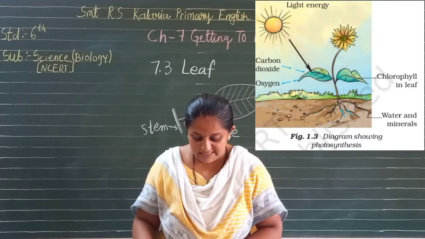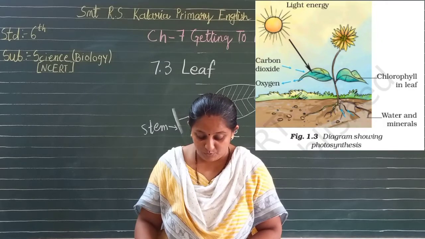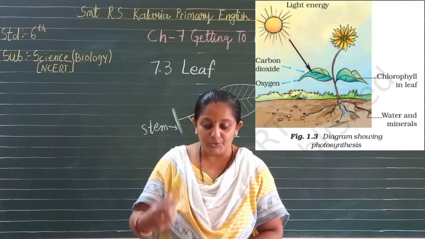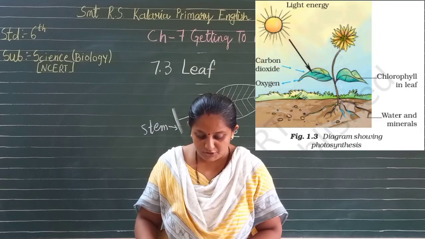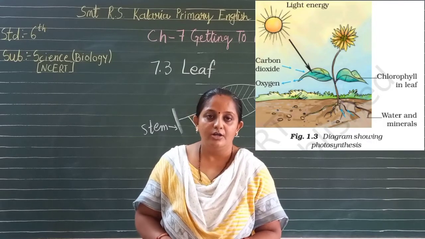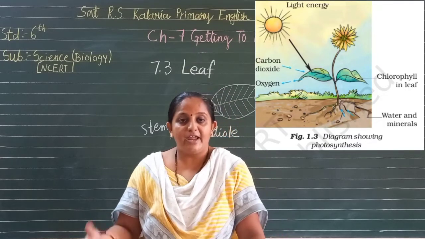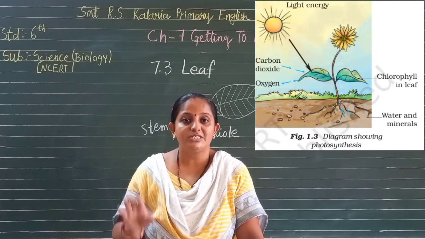So we have seen that the stem supplies water to the leaf, and the leaf uses the water to make the food. So atmospheric carbon dioxide, water, and sunlight falling on the chlorophyll are absorbed by the chlorophyll, and it prepares the food in the form of starch.